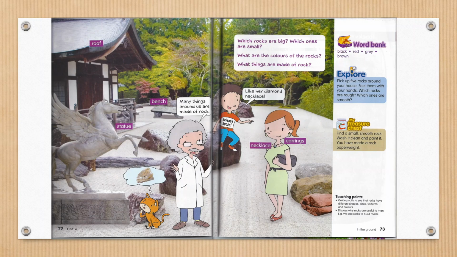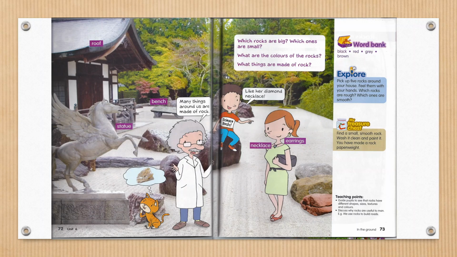And as Joe says, like her diamonds, the necklace. Correct. Here we have a necklace that is made of metal and a diamond, and also the earrings. All these elements are jewelry, and the purpose of these objects is to decorate. So we have a necklace and earrings that can be made of rocks.